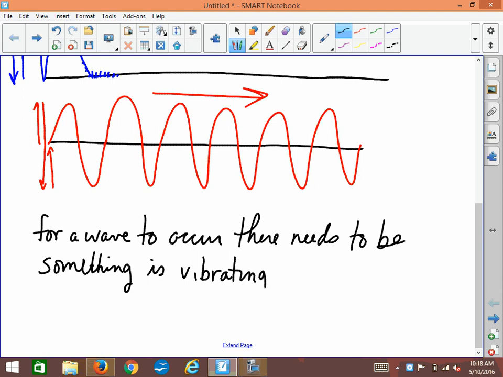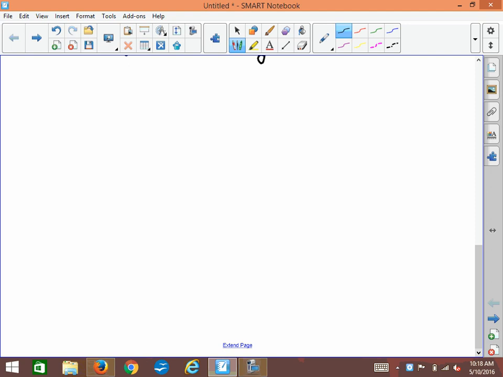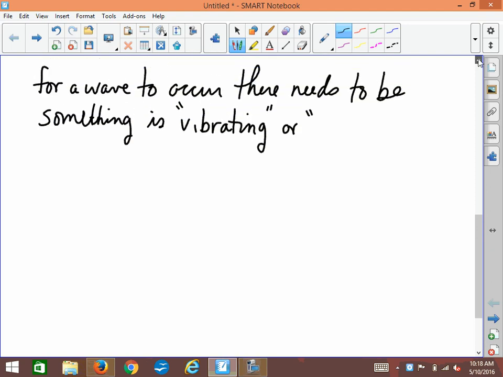The word vibrating is sometimes used, which means moving back and forth. Or another word that we use, and in fact, when I was studying physics, my teachers and professors tended to use this word a little more often, another word that means sort of the same thing is oscillating.